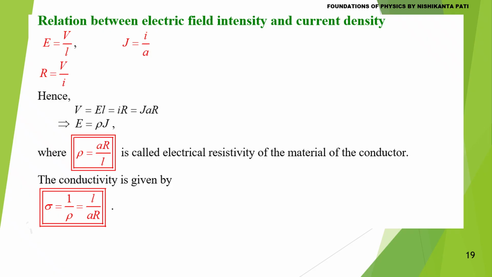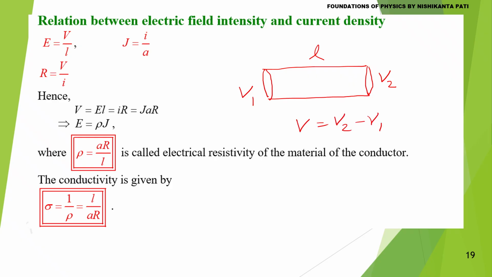If we consider a cylindrical conductor of length L, whose this end is an equipotential surface, and this end is also an equipotential surface, so the potential difference is V2 minus V1.